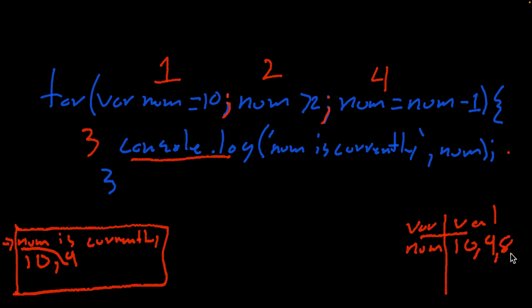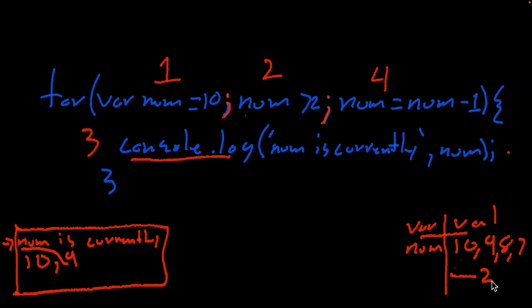So we go 8, 7. We repeat these lines 1, 2, 3, 4, 1, 2, 3, 4 until we decrease num all the way down to 2. Okay. 2 is not greater than 2. 2 is equal to 2. So then we exit this for loop.